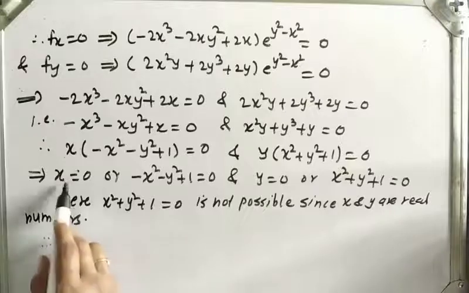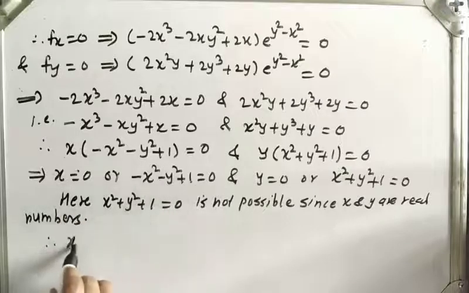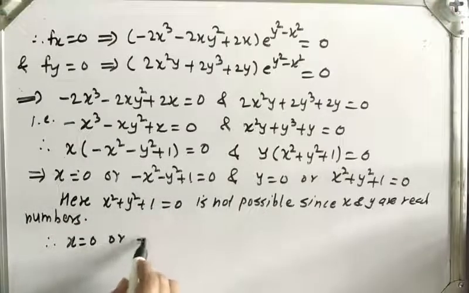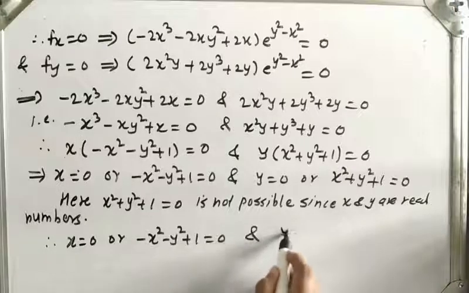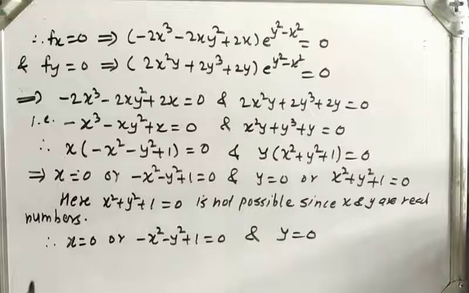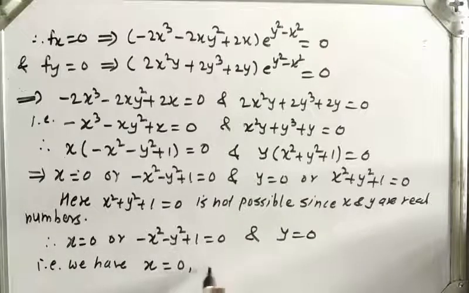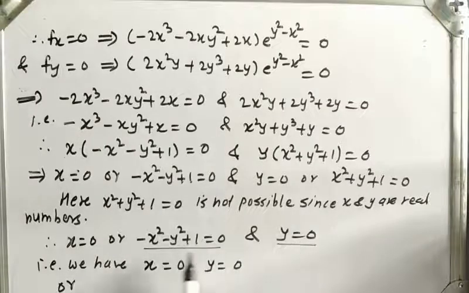Therefore, what we have is x = 0 or −x² − y² + 1 = 0, and y = 0. That is, we have either x = 0, y = 0, or the second condition and this one. If y = 0, what happens here?